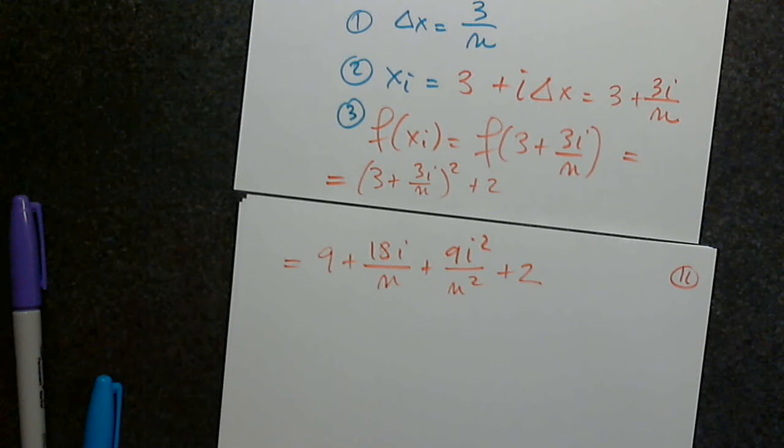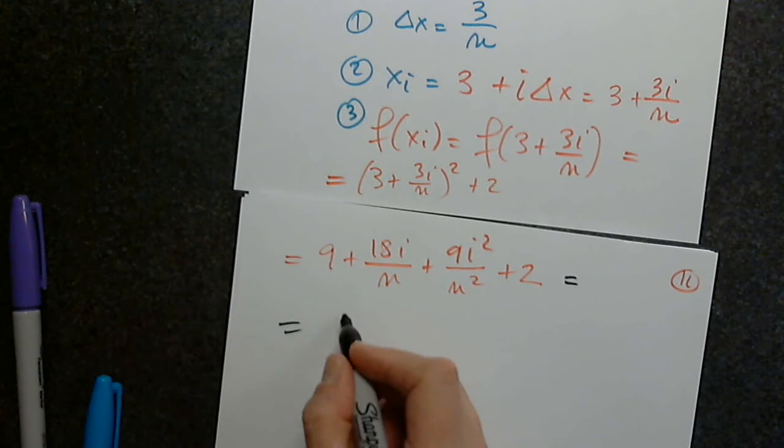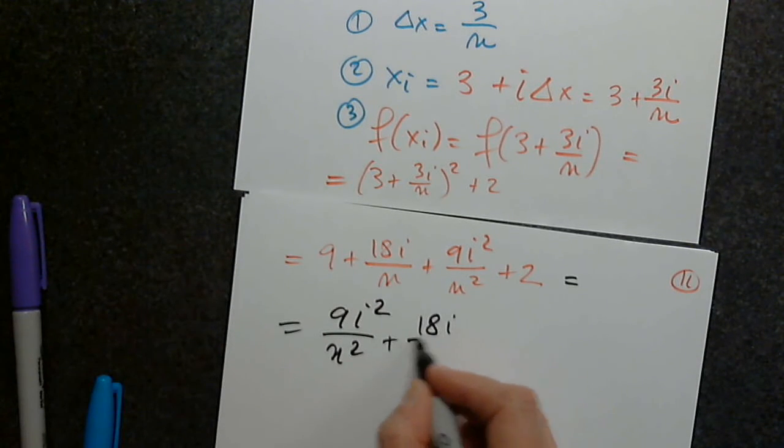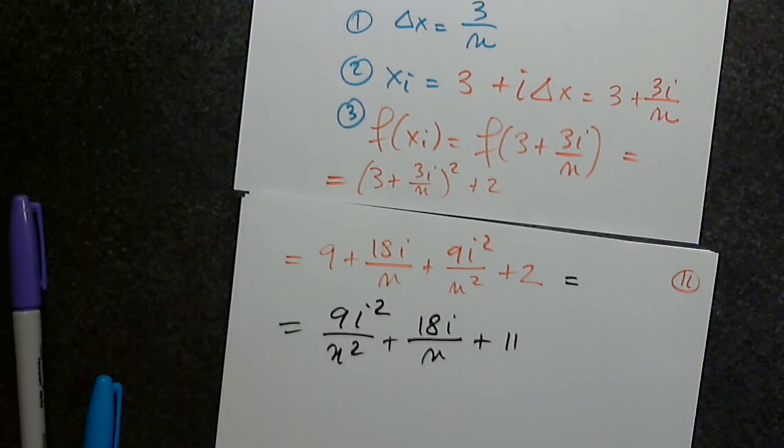Any questions so far? In descending order, clean it up as much as possible: 9i squared over n squared plus 18i over n and plus 11. If I don't do those preps first before I put everything in the limit of the Riemann sum, it will take like forever because I have to simplify, I have to plug it in, etc., etc.